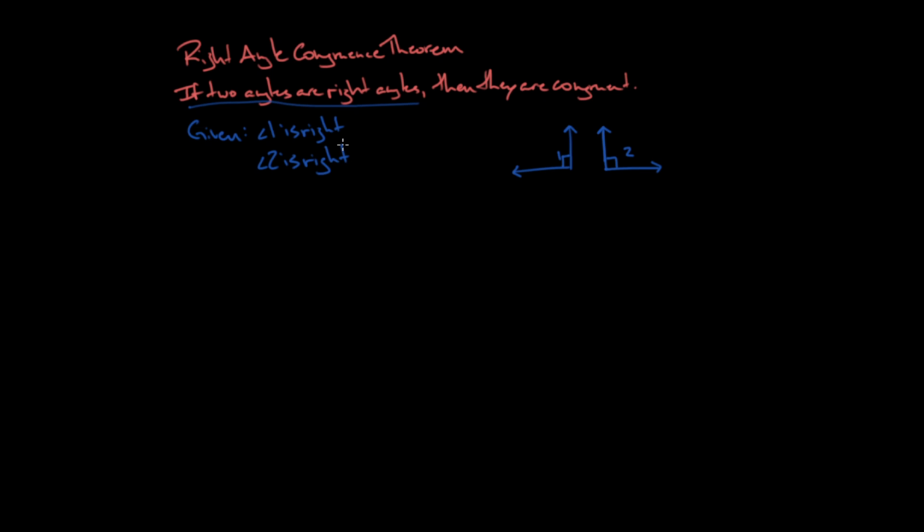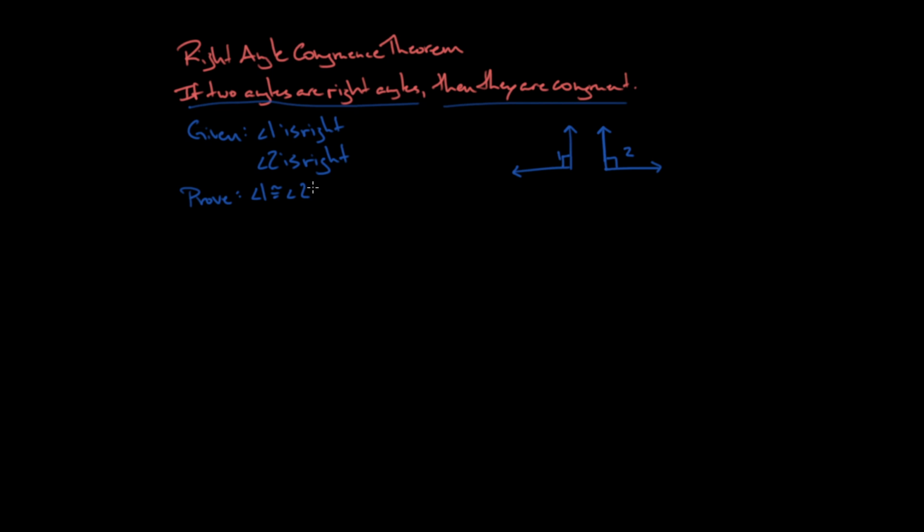Whenever I'm setting up a proof for a theorem, my given should always be my hypothesis, and my proof statement should be whatever my conclusion is. So in this case, I'm trying to prove that angle 1 is congruent to angle 2.